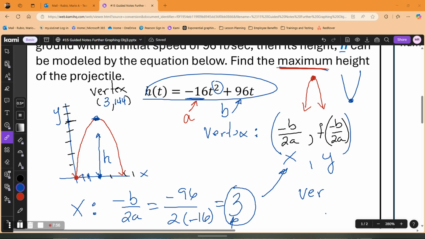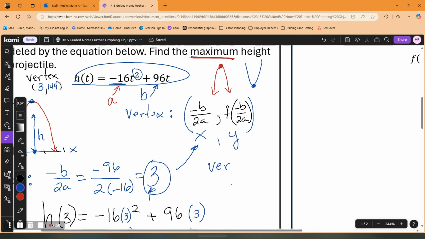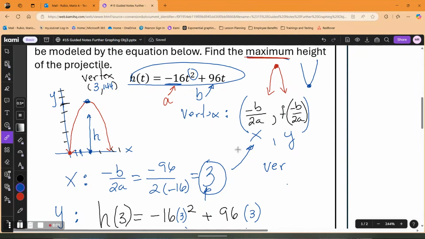So that means the vertex is at 3, 144. That means our h equals 144 feet. It seems like a complicated question, but really all we needed to understand is that maximum means the vertex.